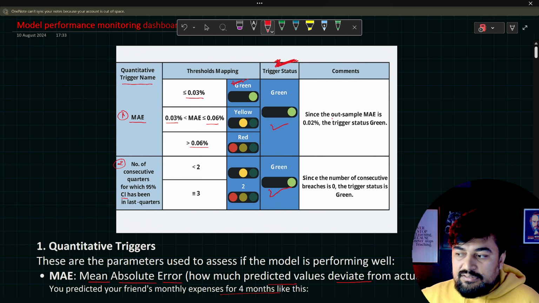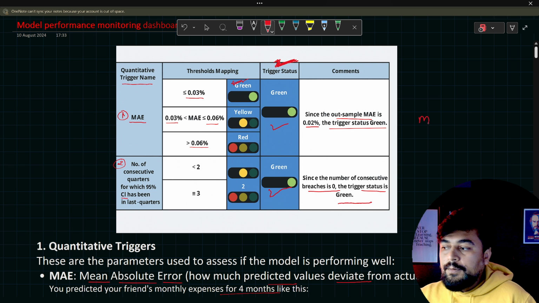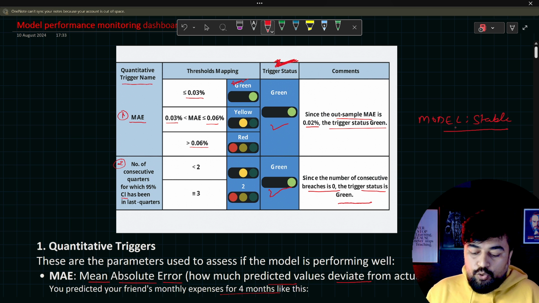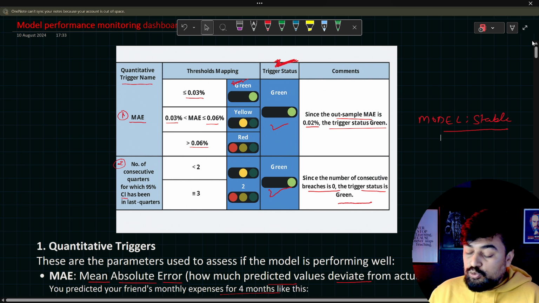Since the out of time MAE is 0.2, the trigger status is green. I'm assuming that, and the number of consecutive breaches is 0, so the trigger stays green. That means your model is highly stable. So this is what you will do in your presentation. You will show this to your clients.